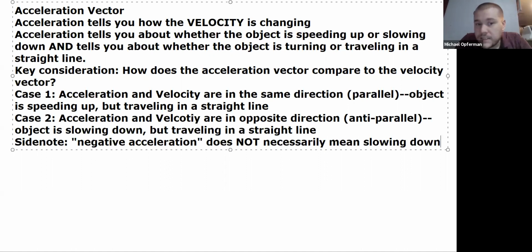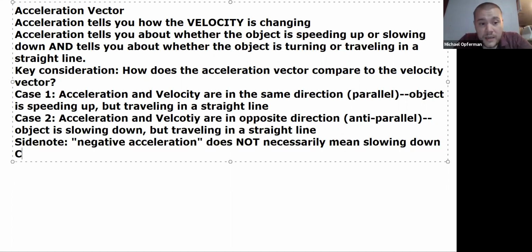If the velocity is negative, but the acceleration is also negative, that would actually be speeding up because they're in the same direction. So what's important is not whether the acceleration points in the positive or negative direction. What's important is whether it points in the same direction as the velocity or not. Okay, so those are two possibilities.